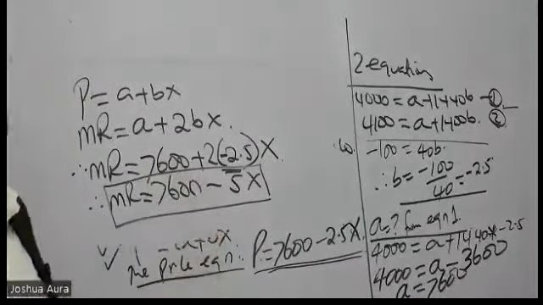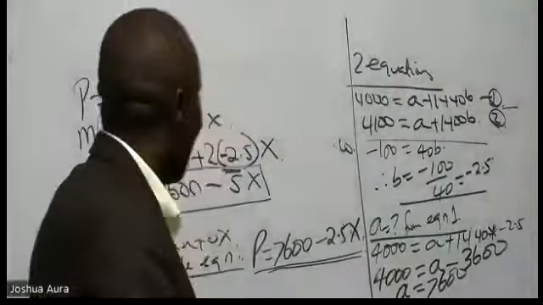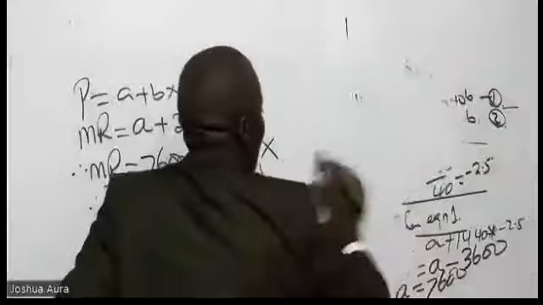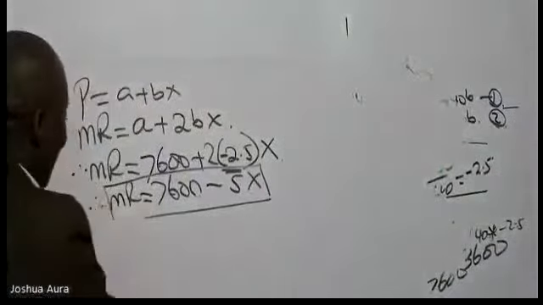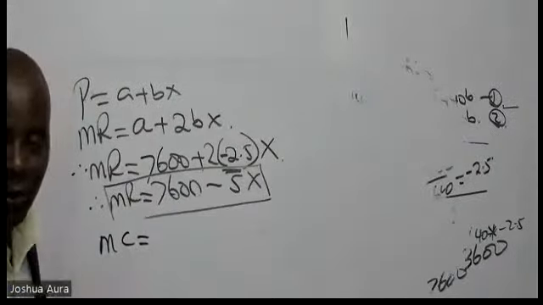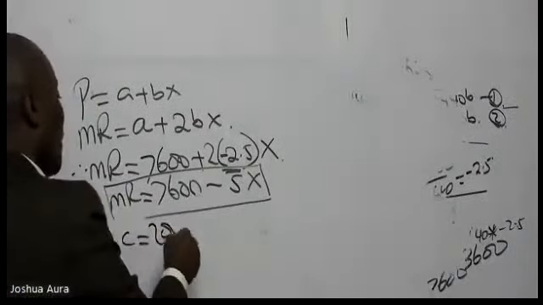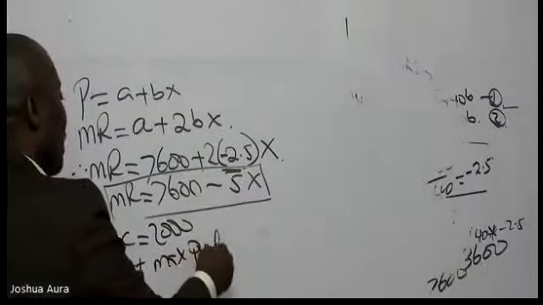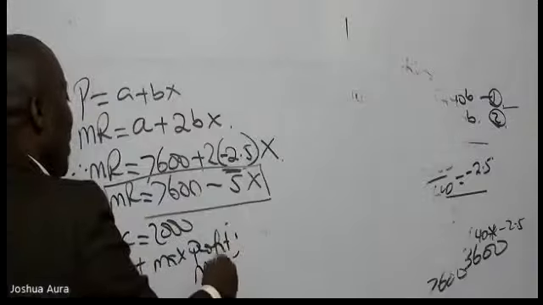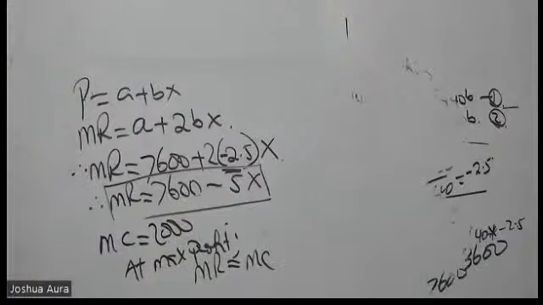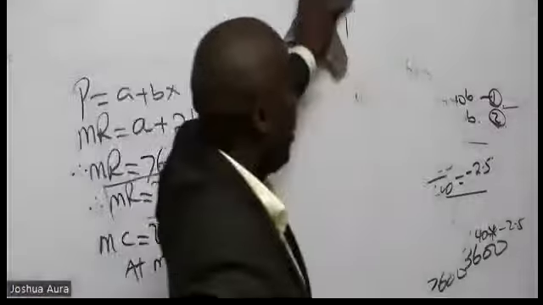Once I get this, remember that you had given me marginal cost for the double room, which is 2,000. And at maximum profit, marginal revenue should be equal to marginal cost.